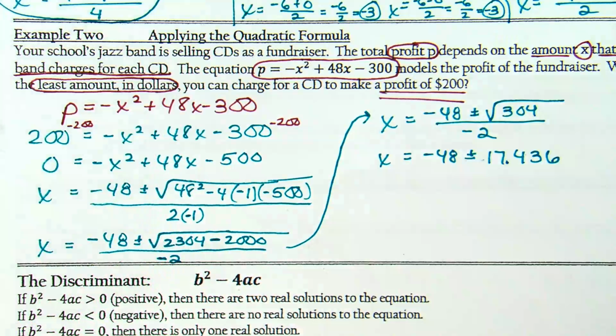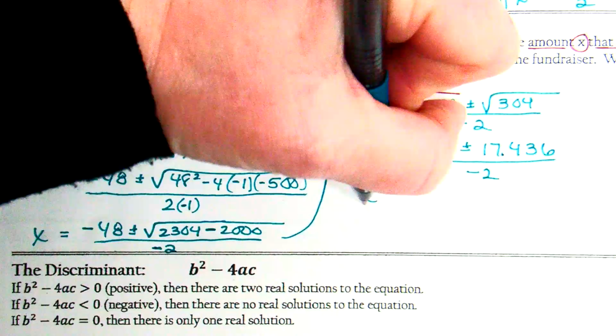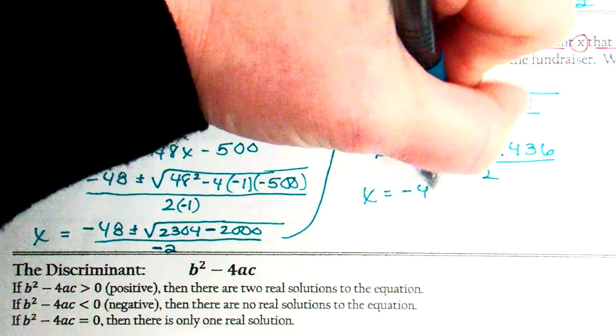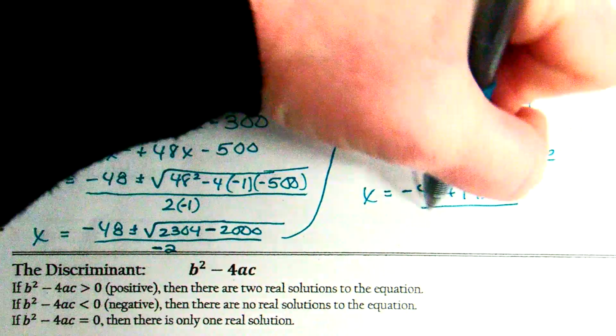Okay. And that's all over negative 2. So how do I find my 2 answers? Take negative 48 plus that over and minus that. So we're going to have to do negative 48 plus 17.436 and divide by negative 2.